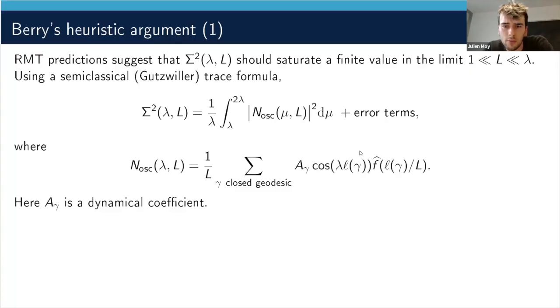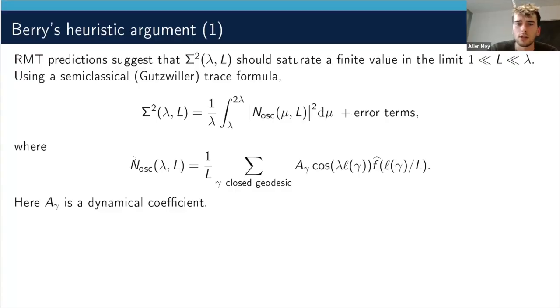Then there is some cosine of lambda L gamma, which oscillates very fast with lambda, especially when the lengths are large. And then there is the Fourier transform of f evaluated at the length of gamma over L. Since the Fourier transform of f has compact support, the sum is supported over a finite number of terms. As we said before, closed geodesics form a discrete set.